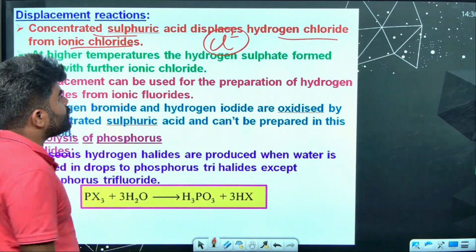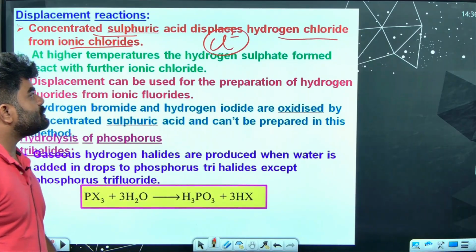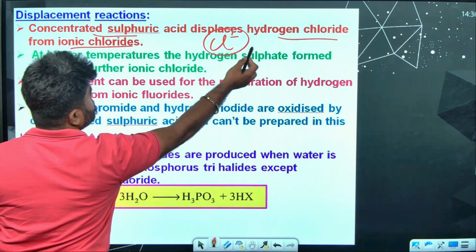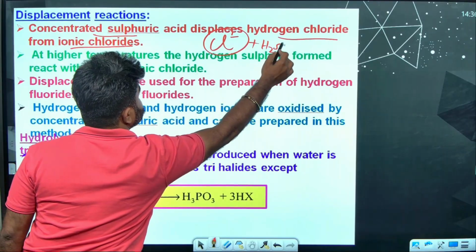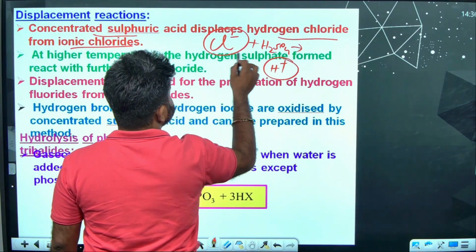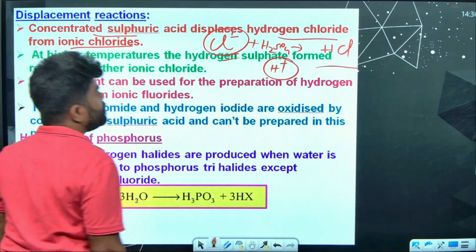So when you treat this ionic chloride with concentrated sulfuric acid, it displaces hydrogen chloride. An H plus goes from the acid, and that H plus with this Cl minus forms HCl.